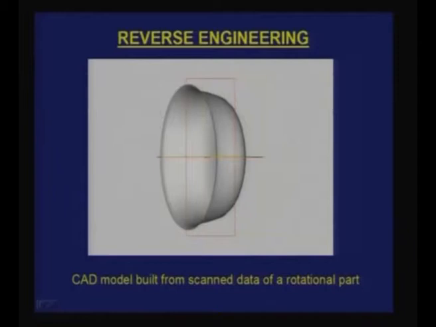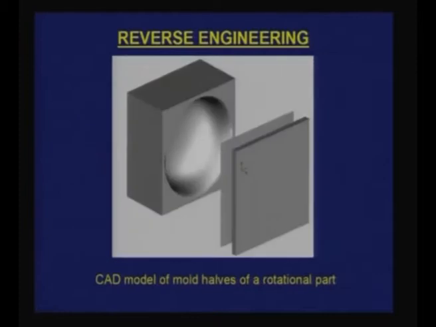Now suppose I have further applications, like I would like to have two die halves for this particular component. Then once I have this geometry, I can go and do that. Let us say I am carrying out an operation like sheet metal forming, where I would like to reproduce that particular part.